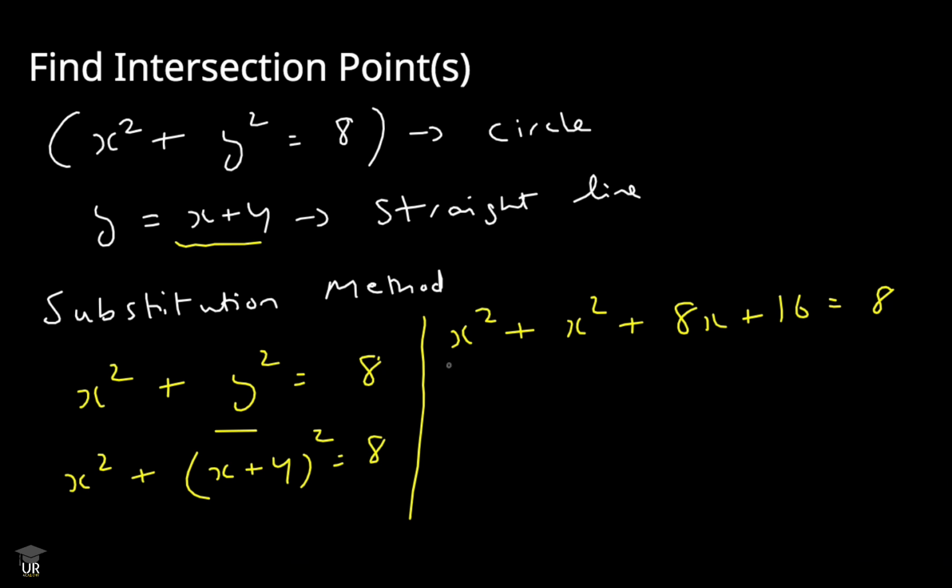Now x square and x square will become 2x square. Then we have 8x, and then let's just bring this 8 here. So it's going to become 16 minus 8. So 16 minus 8 is actually just 8.